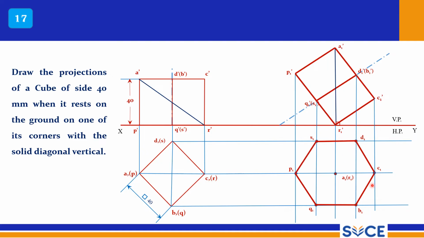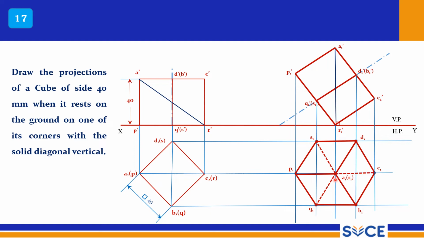This R is connected to S and R is connected to Q. These two are invisible, so those should be dotted lines.